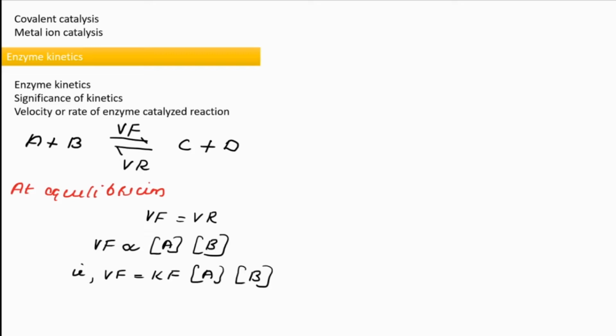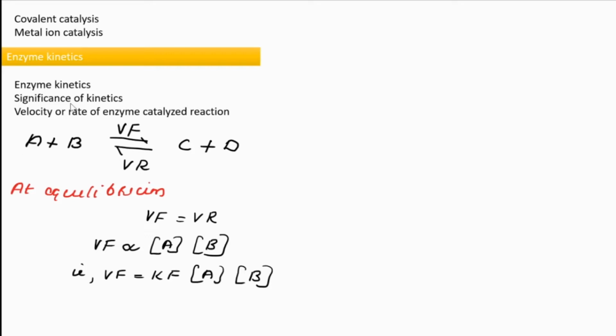Certain parameters. Which are the parameters? pH, temperature, concentration of enzymes or substrate. So, enzyme kinetics is a study of the response of enzyme to different parameters like pH, temperature, concentration of enzymes or substrate.